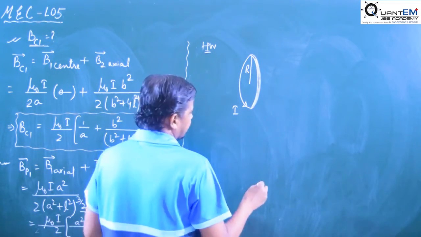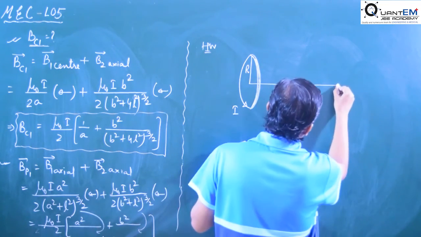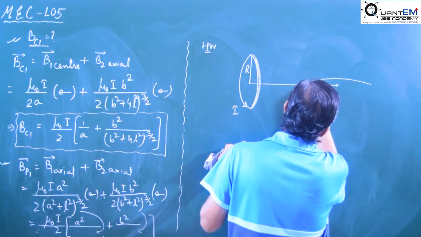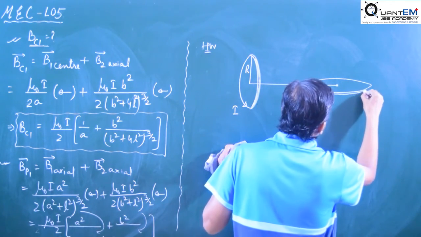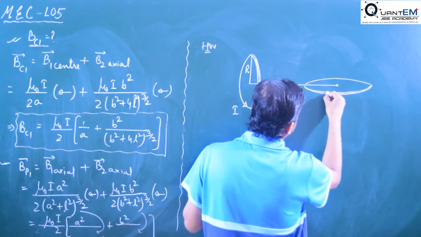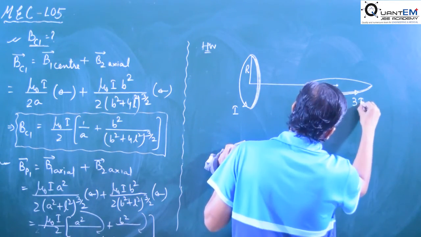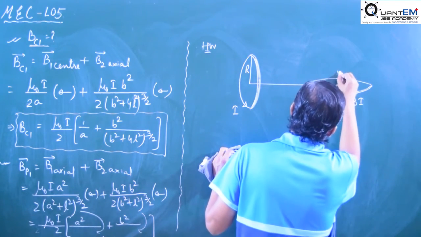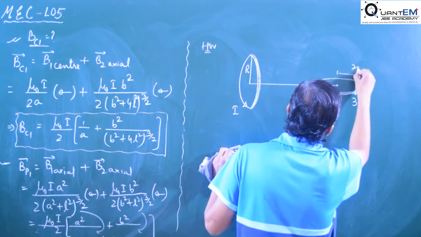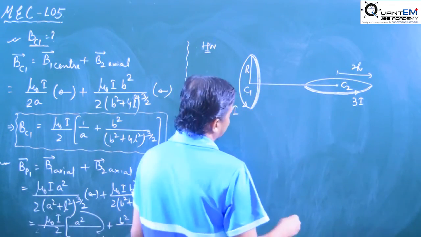Current flowing through this ring is I. This one is another ring. It's like this. Current flowing through this ring is 3I, and the radius is given as r. It is C2 and it is C1.